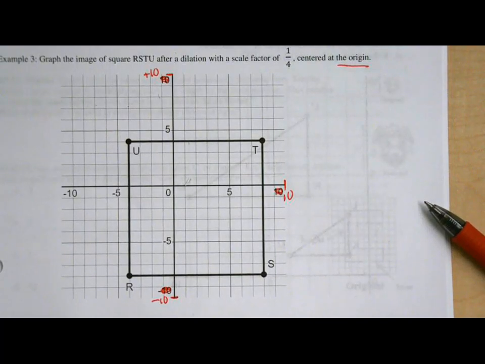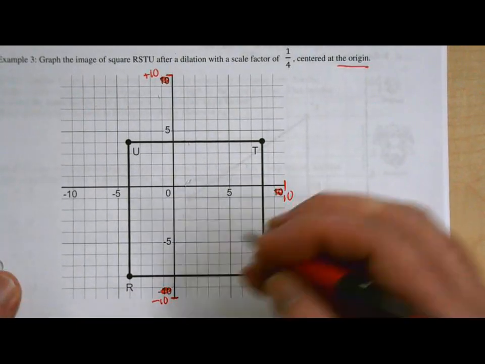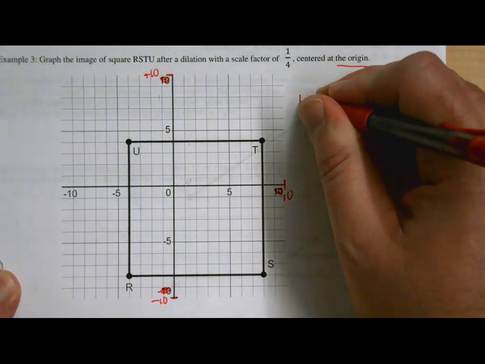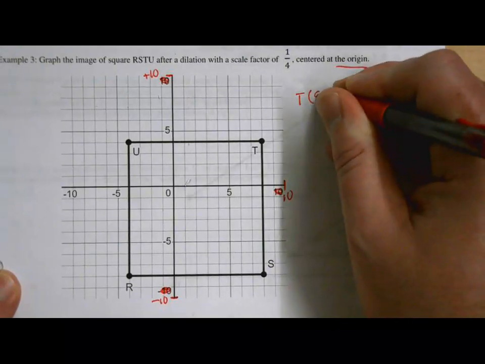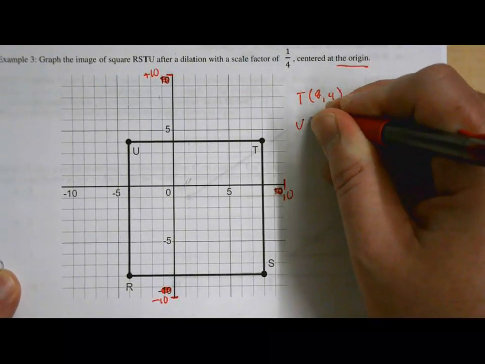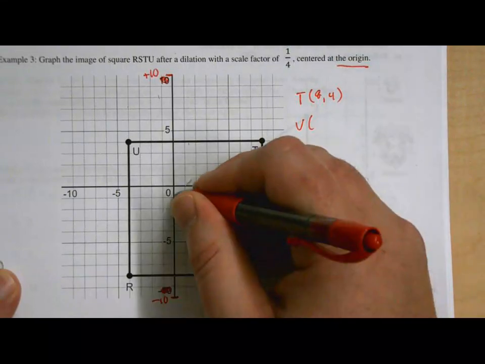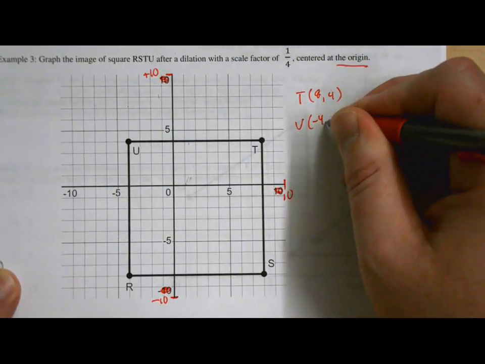I'm seeing a bunch of 4s and 8s. That's going to be nice. Okay. So T is at 8, 4. U is at negative 4, 4.